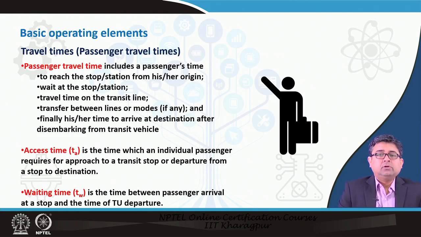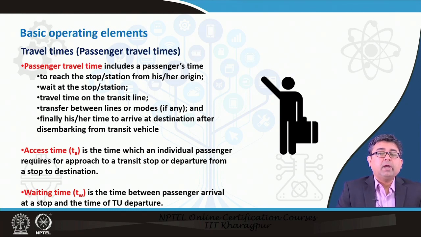A public transportation line does not come to your home or your college or your restaurant or your hotel. You have to reach that point. So, there is some amount of time involved in reaching a bus stop or a metro station. That is the first element in a passenger's travel time on a public transportation line.